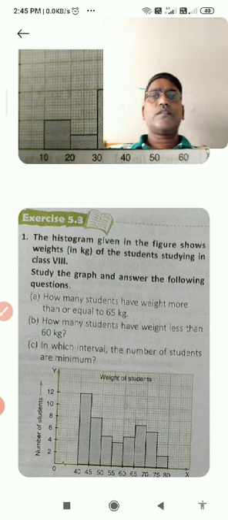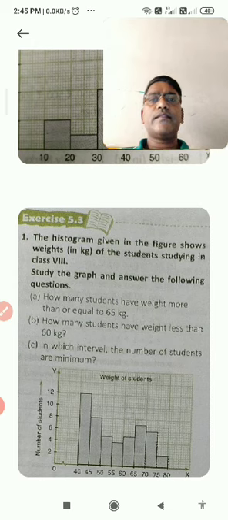Now observe question number 1. How many students have a weight more than or equal to 65? In the first part I also told you that in a class interval the upper limit is not included. So we calculate from the interval 65 to 70, then add 70 to 75, then 75 to 80. We are going to add these three.